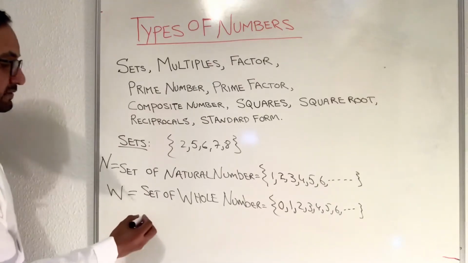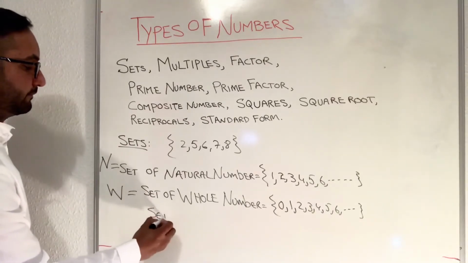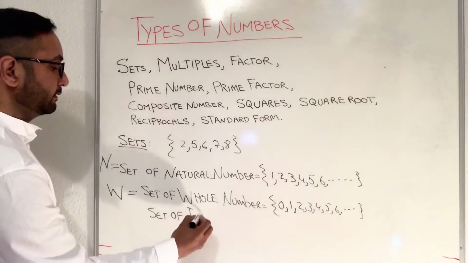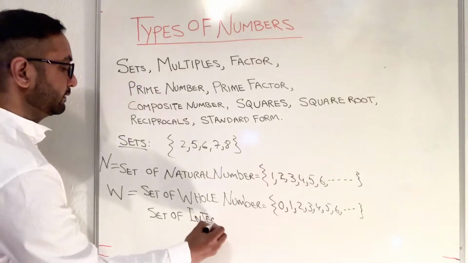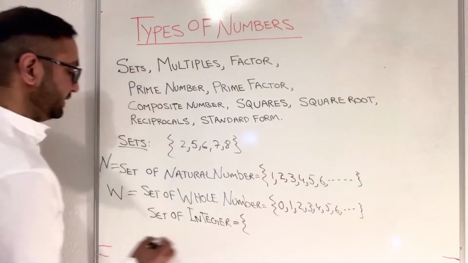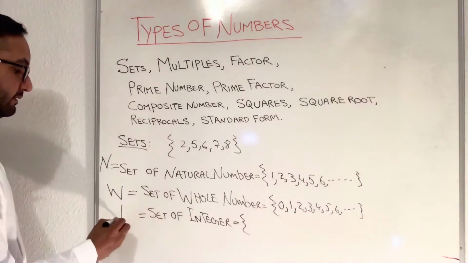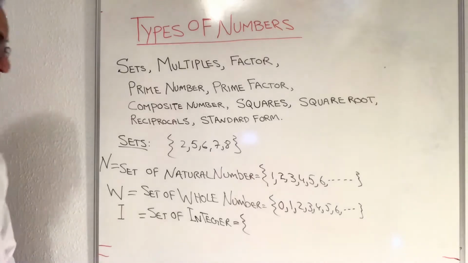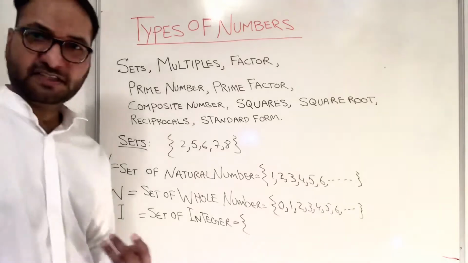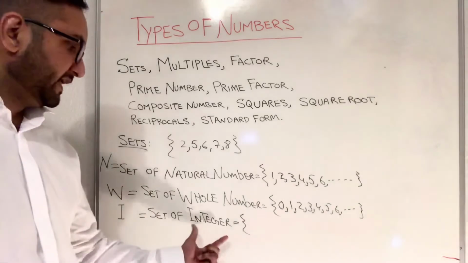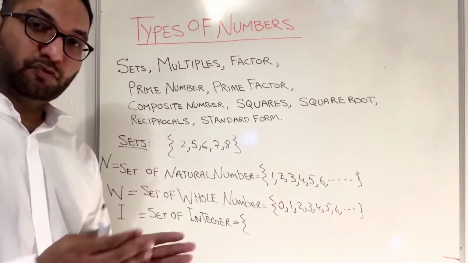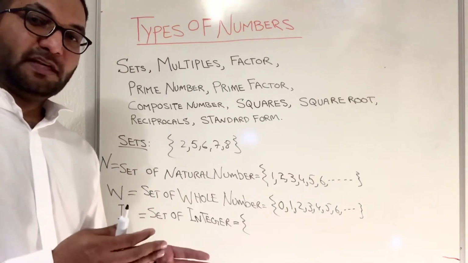The third one is called the set of integers, which is represented by I. In the set of integers, there can be positive integers and negative integers. Sometimes a question asks you to select positive integers, then you only select positive values.